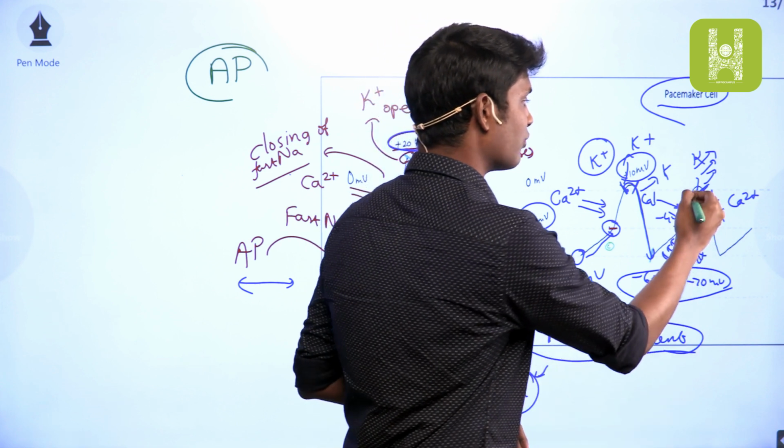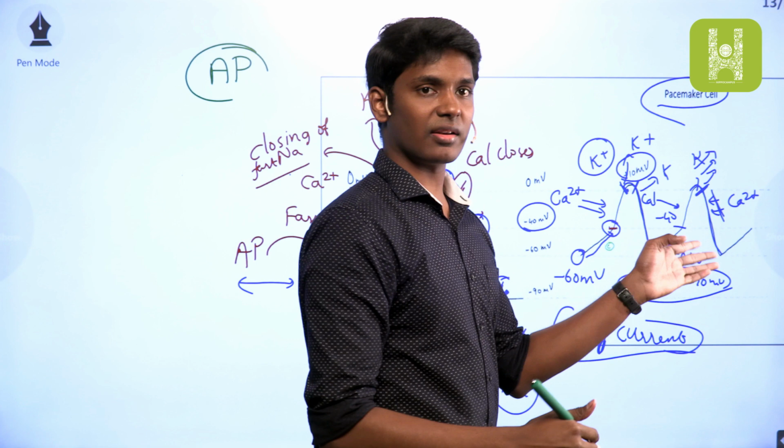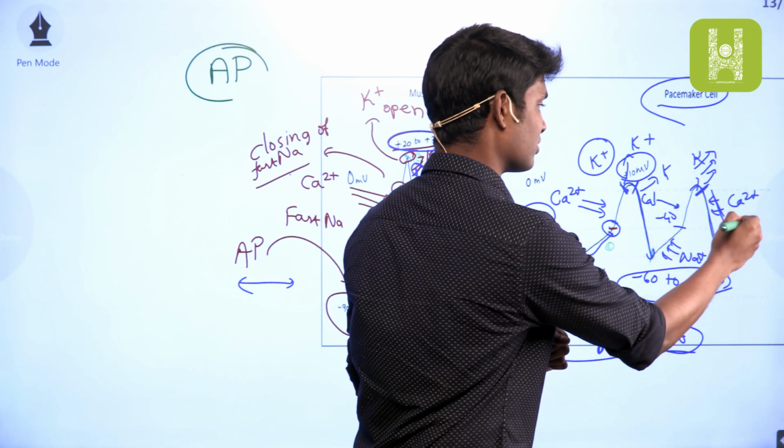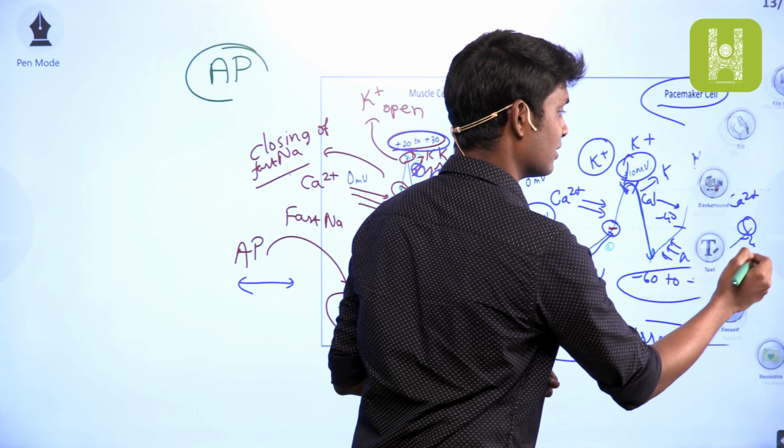So it falls back to the resting membrane potential, and again, due to the funny current channel, it goes back to the threshold potential of minus 40. So the threshold here is minus 40.